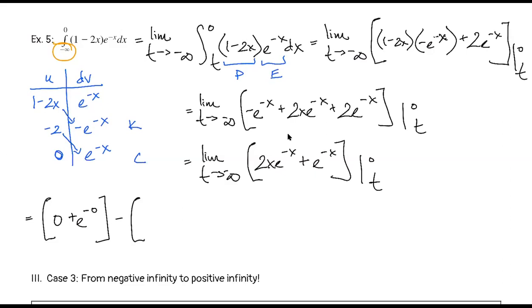Minus, we're going to plug in negative infinity, so negative 2 infinity e to the negative infinity plus e to the negative infinity. All right, so we've got a 0, e to the negative 0 gives me 1. E to the infinity is going to give me infinity. This is going to negative infinity.